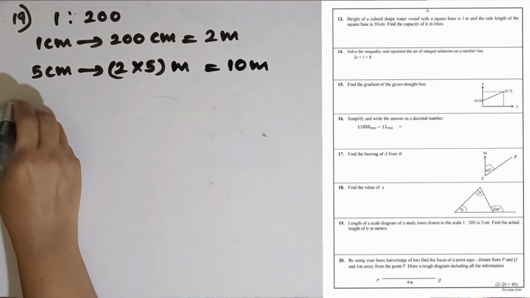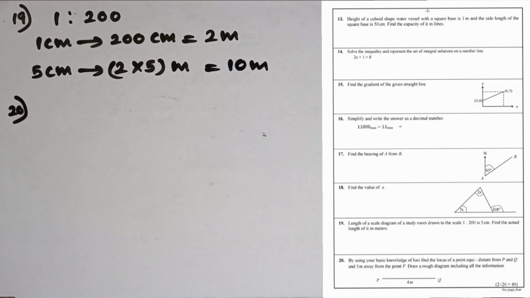Question number 20. By using your basic knowledge of loci, find the locus of a point equidistant from P and Q and 3 meters away from the point P. Draw the rough diagram including all the information.